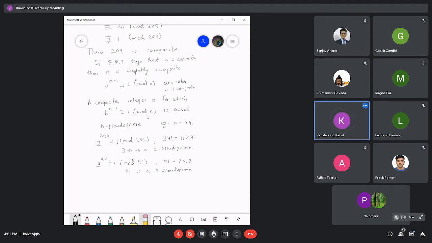However, there are some numbers for which b raised to n minus 1 is congruent to 1 mod n and still n is composite. Such numbers are called pseudo primes.